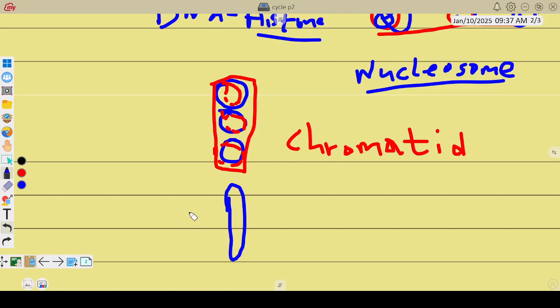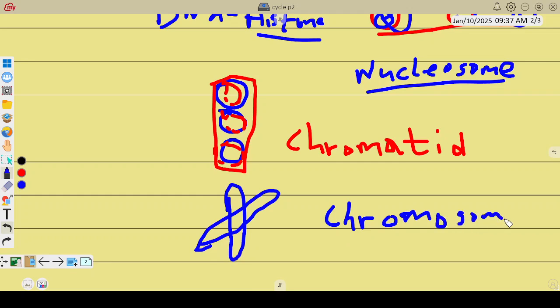So when we have two chromatides together, these two will be what we call a chromosome. So I've helped you understand how they flow.